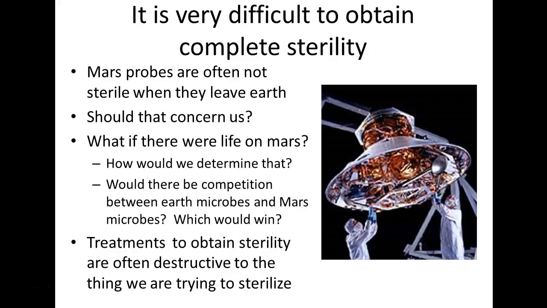So one reason is that if we were curious as to whether there was life or not, well, if we found a contaminant, we might be confused about whether that contaminant was an exobiological element, in other words, a piece of life from another planet. In other words, life on Mars if we went to Mars. And you can see I didn't capitalize Mars at every instance, and my apologies for that.